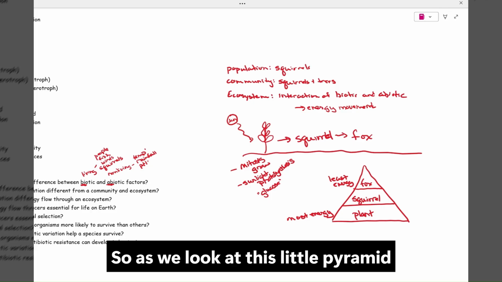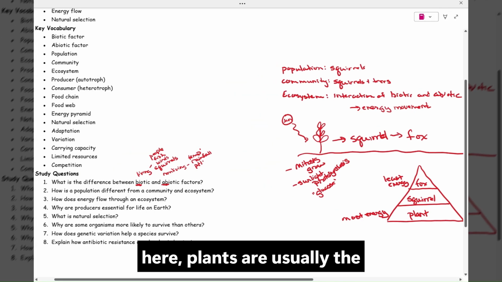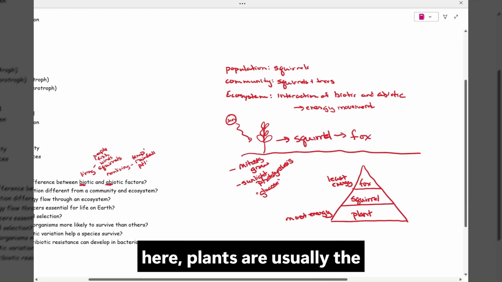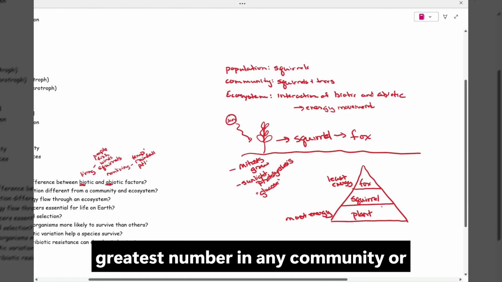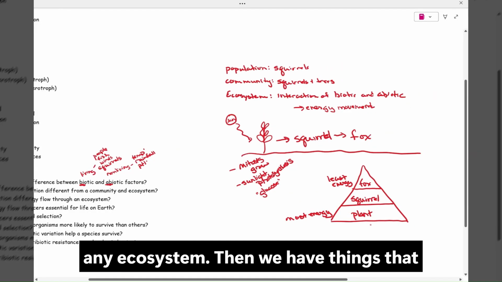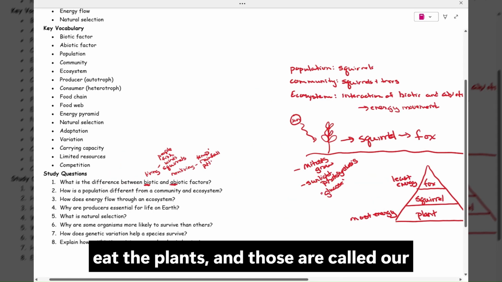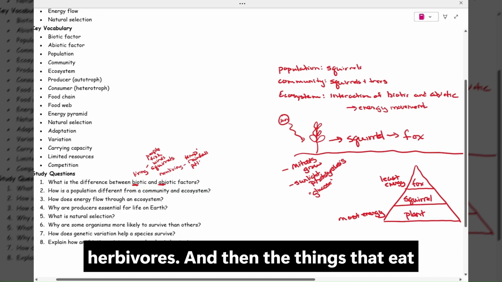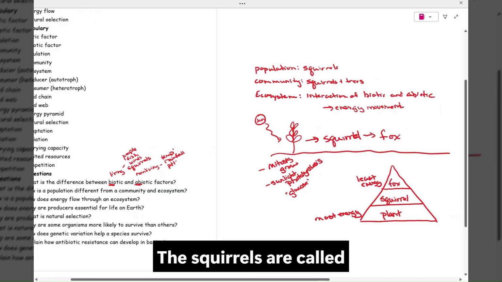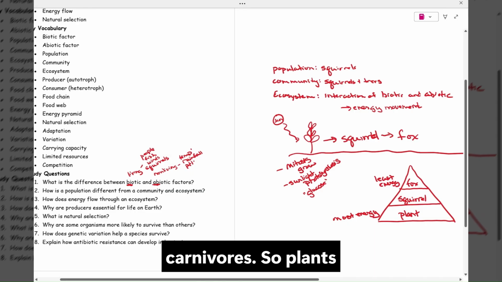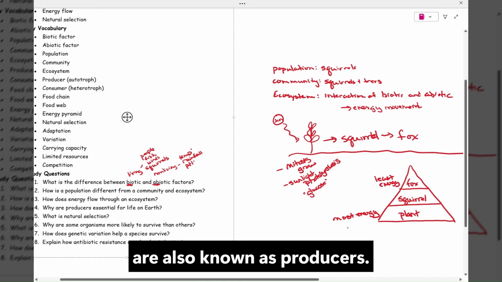Right. So as we look at this little pyramid here, plants are usually the greatest number in any community or any ecosystem. Then we have things that eat the plants, and those are called our herbivores. And then the things that eat the squirrels are called carnivores, right? So plants are also known as producers.